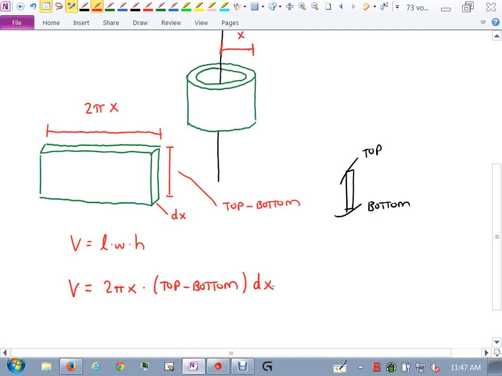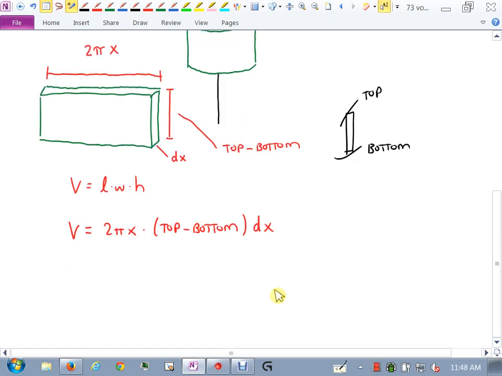How do I get all of them? Integrate from a to b. What can come out of the integral? The 2 pi. The x has to stay because we're integrating with respect to x, so it's a variable.